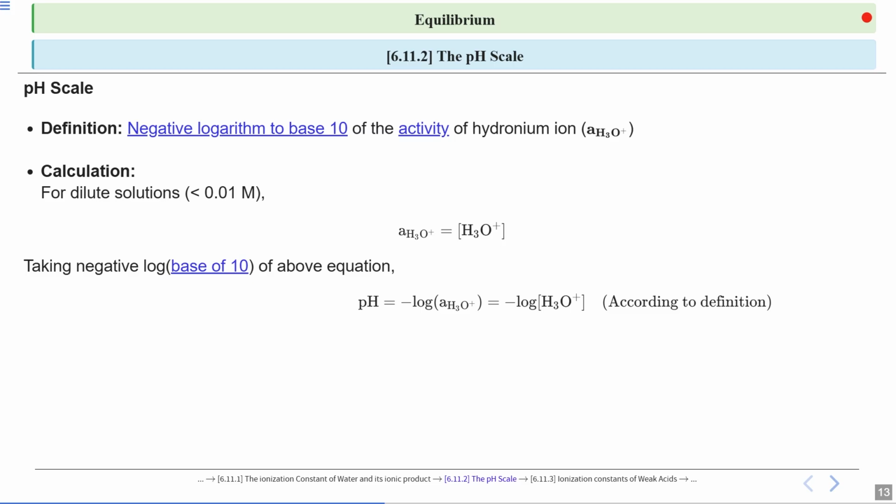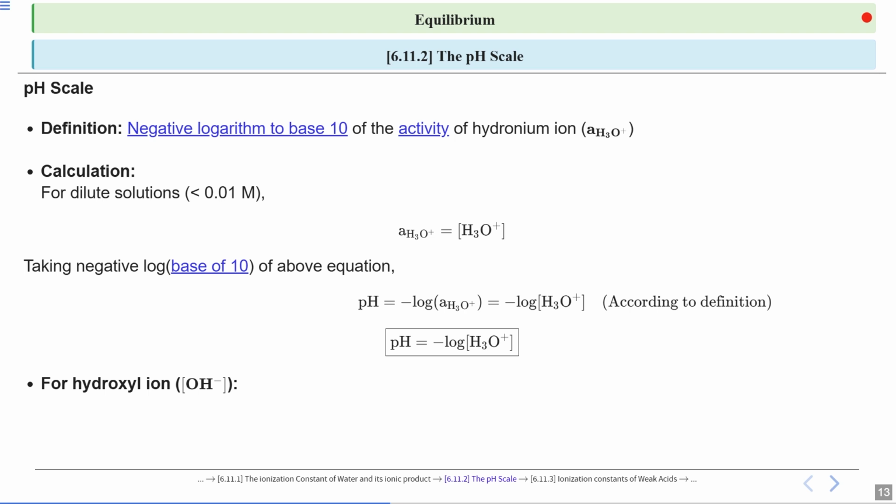From the definition, the negative log of the activity of hydronium ion is pH. Further, we can remove the activity from the middle, and finally we get our pH formula as minus log of H plus or H3O plus concentration. This is a very, very important formula for your pH calculation.